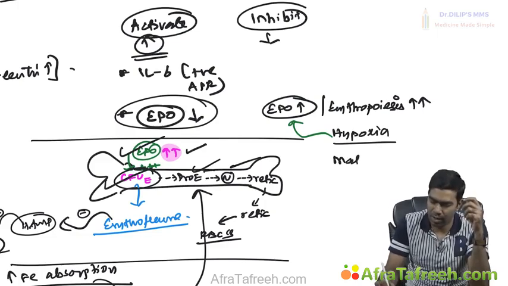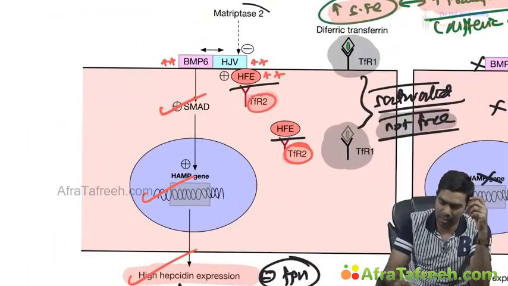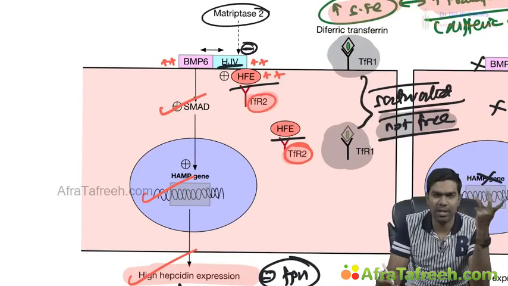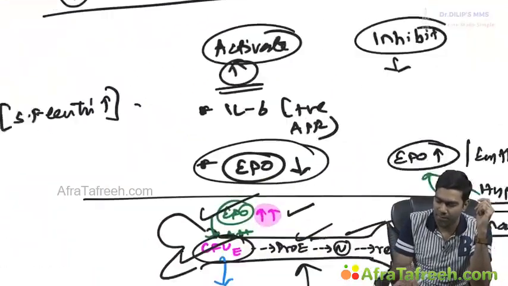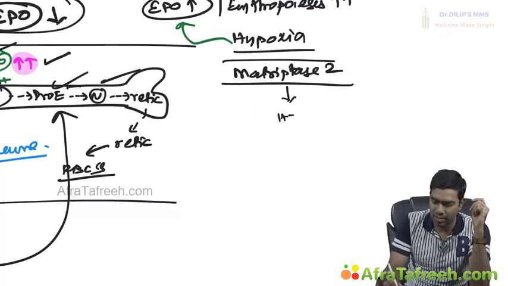Then you have a very important enzyme called matriptase 2. In this diagram, I have mentioned matriptase 2 inhibits hemojuvelin. It doesn't inhibit, in fact, it cleaves the hemojuvelin. It's an enzyme that cleaves the hemojuvelin, which means this signaling will not happen.